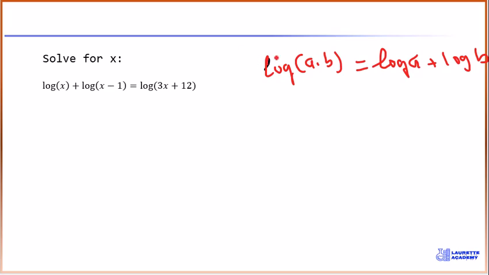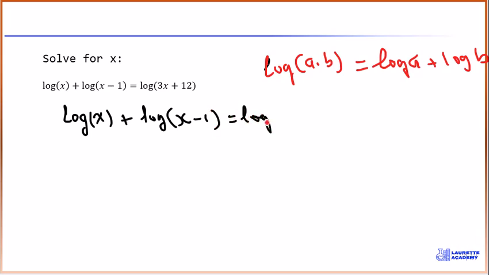So if we apply that here to the left hand side, we'll have that log of x, let's write down the expression completely, plus log of x minus 1 equals log of 3x plus 12.